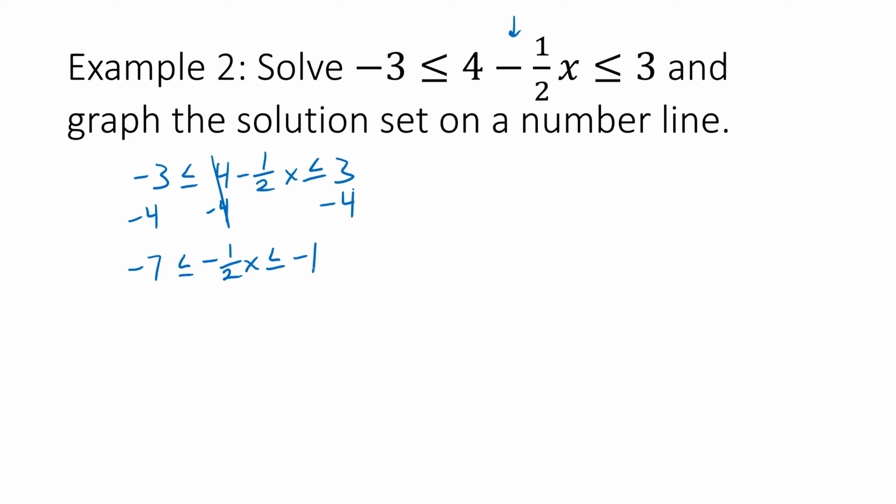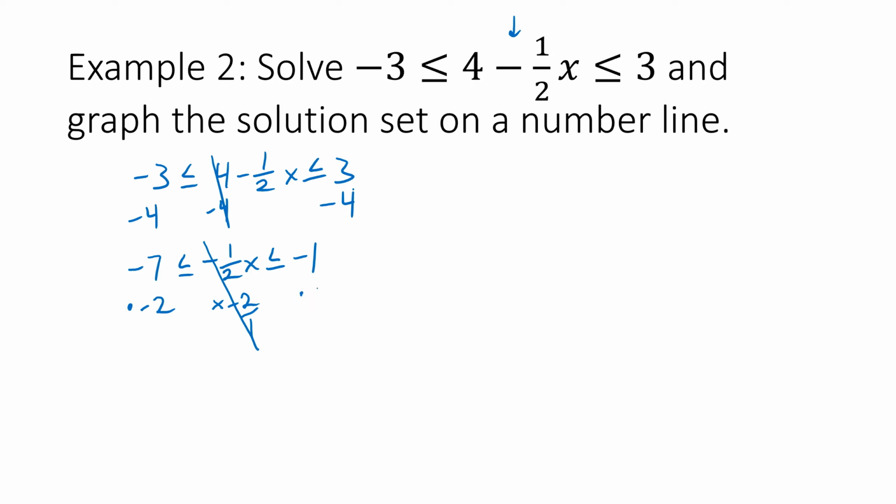Now I need to cancel the negative 1/2 from the middle. Remember, we're still focusing in there, trying to get x by itself. To cancel the negative 1/2, I need to multiply by negative 2. That's the reciprocal, right? Negative 2 over 1 is the reciprocal of negative 1/2. These cancel. I also need to multiply the negative 7 by negative 2.